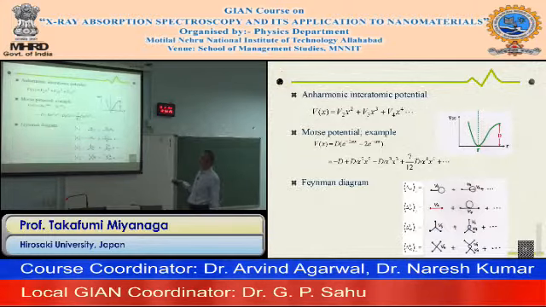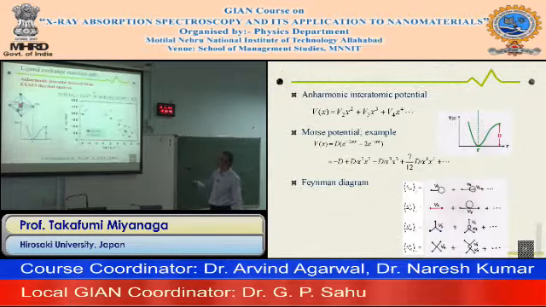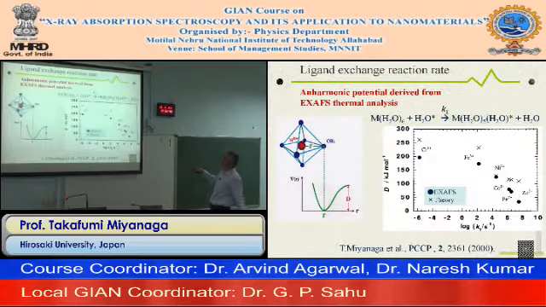This is a simple calculation. After that, we can reconstruct the Morse type potential from the resultant d and alpha. That is the result. This is this type of molecule.